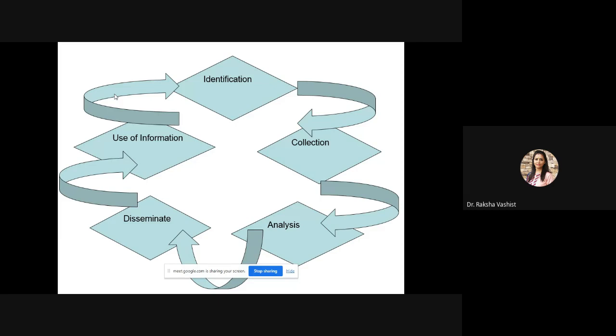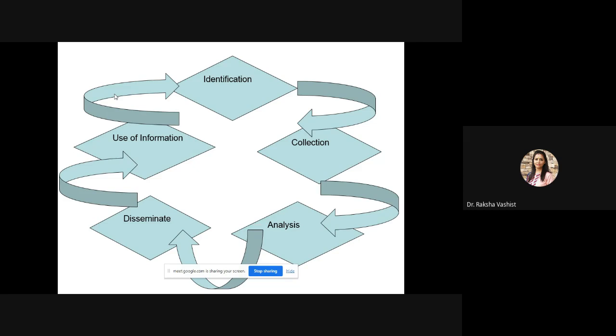Whereas the data obtained from journals, magazines, newspapers, books, these are the sources of secondary data collection. So the second step, after identification, is to collect the data. These collected data are the evidences which you collect and analyze after receiving the information.